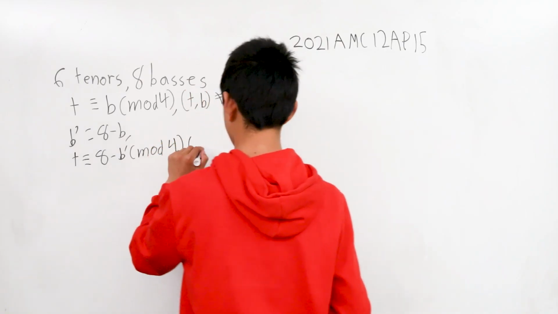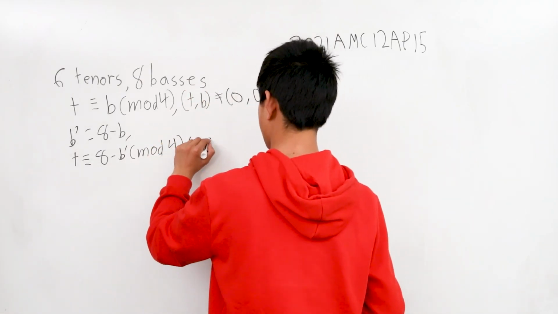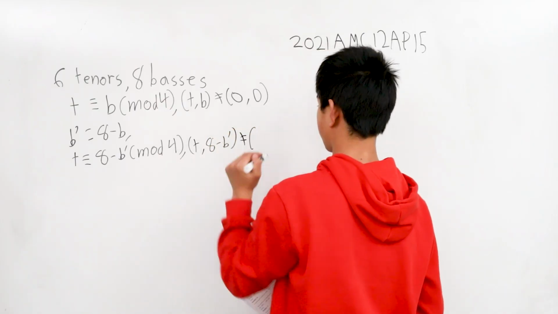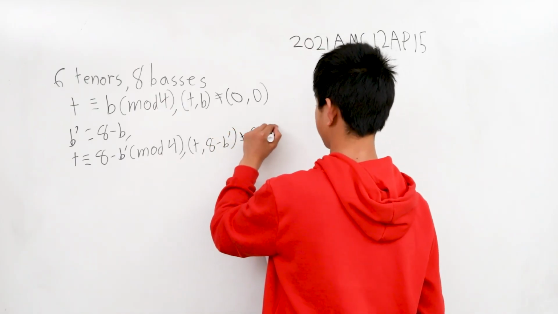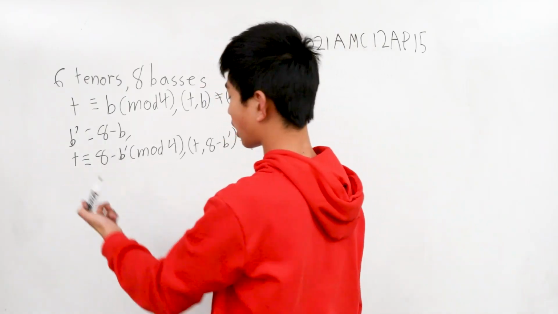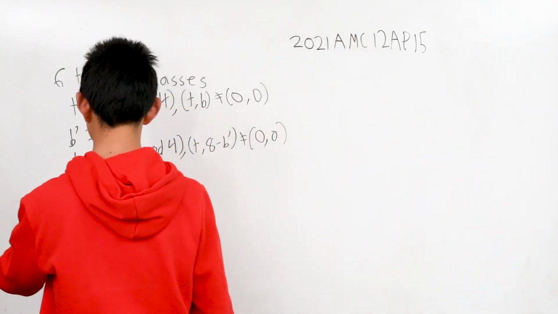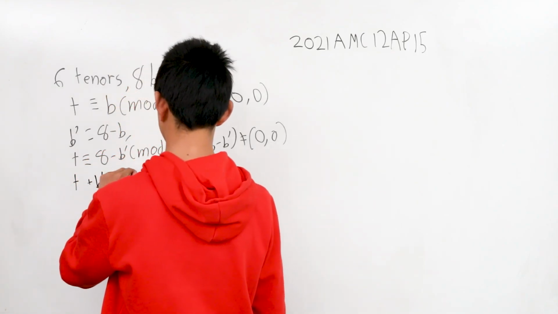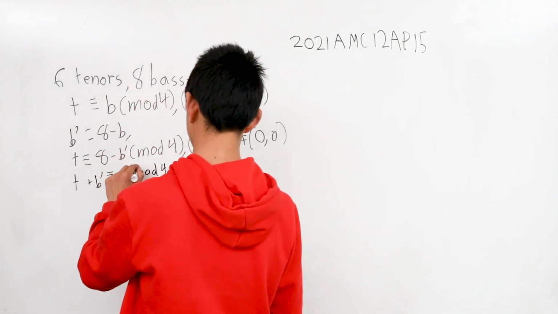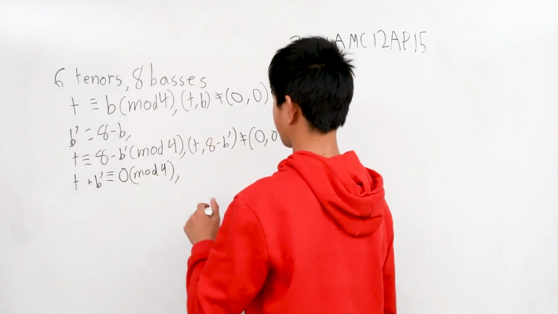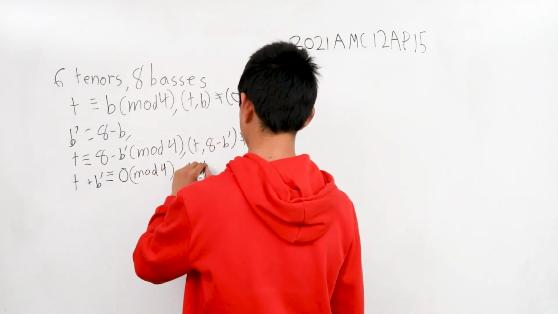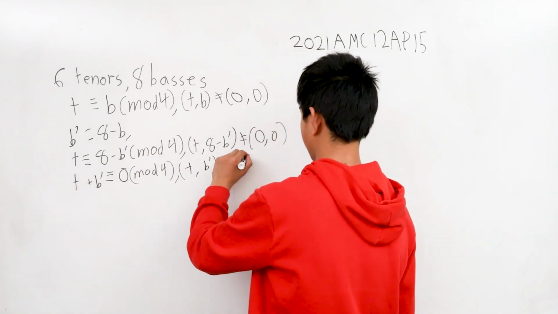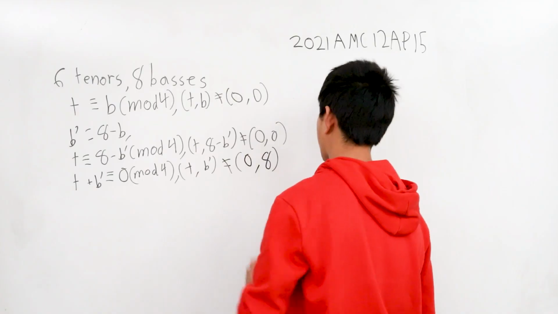This means that T and 8 minus B prime cannot have a pair such that this is 0, 0. If you add the B prime to the other side, this is T plus B prime is congruent to 0 mod 4. So this shows that this pair also doesn't work, that T and B prime cannot have a pair in a way that this is 0 and 8.